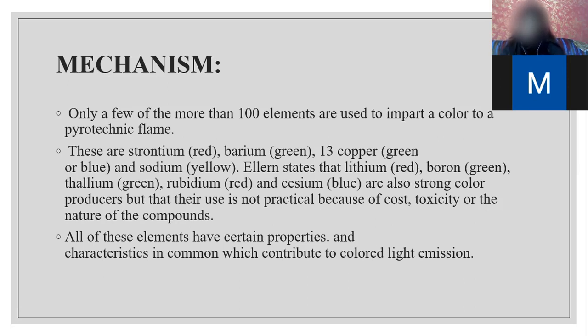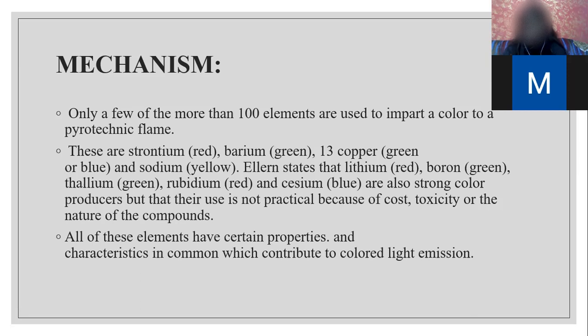Therefore, there is a need to create more color creating materials, synthesized artificially in the laboratory from organic or inorganic materials. These are the naturally occurring ones: strontium red, barium green, copper green or blue, and sodium yellow.